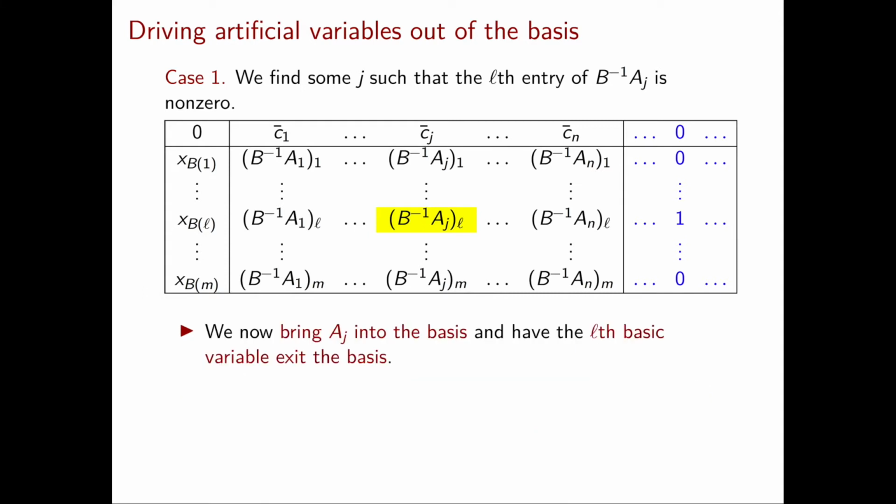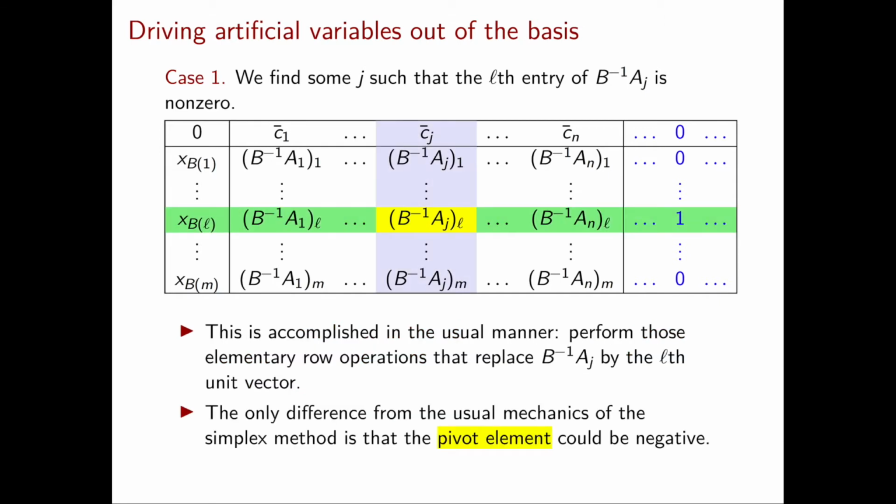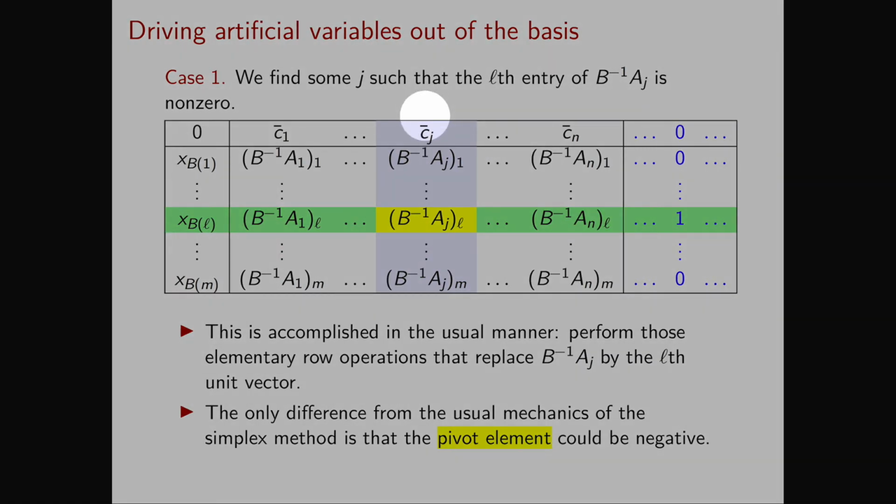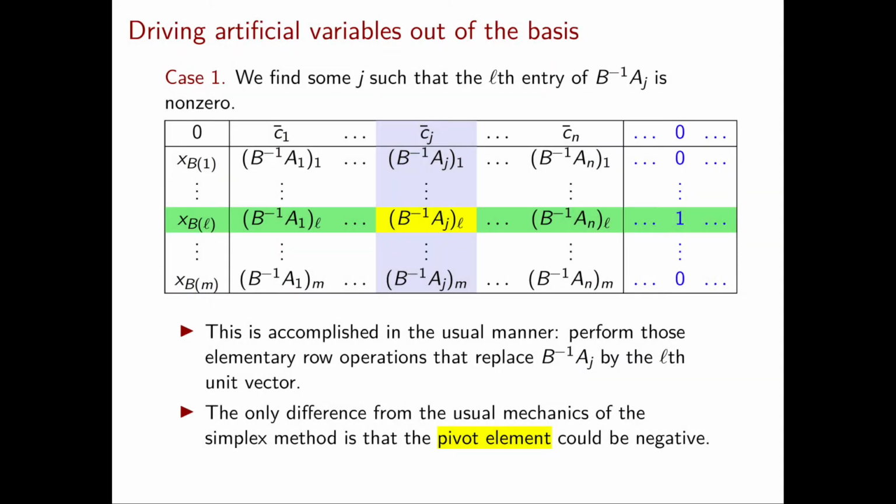As we've already discussed, what we want to do now is to bring xj into the basis, taking the place of xbl. In other words, we want to bring Aj into the basis and have the nth basic variable exit the basis. And we know that this operation can be performed with a pivot. Everything we need to do is to perform those elementary row operations that replace the jth column, which is B inverse Aj, with the nth unit vector.